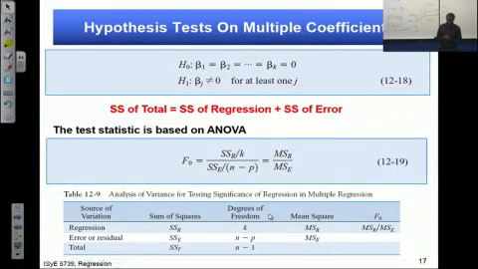So there is another type of hypothesis testing that we can do. It says whether all coefficients in the model, excluding your intercept, are 0, or at least one of them is non-zero. So if H null is not rejected, what does it mean?